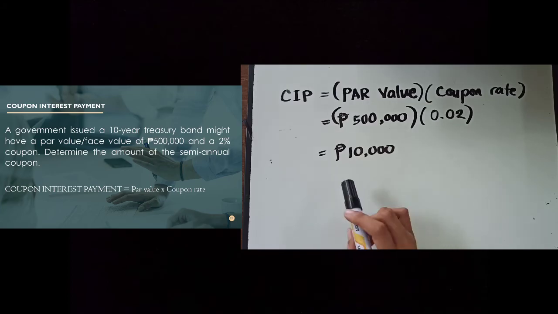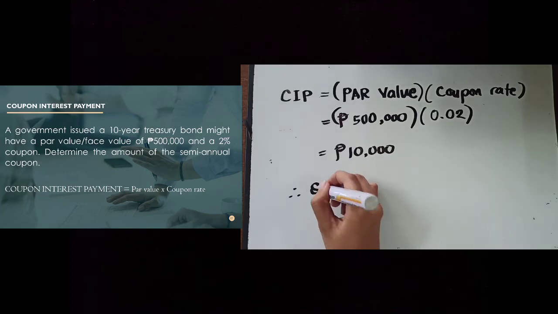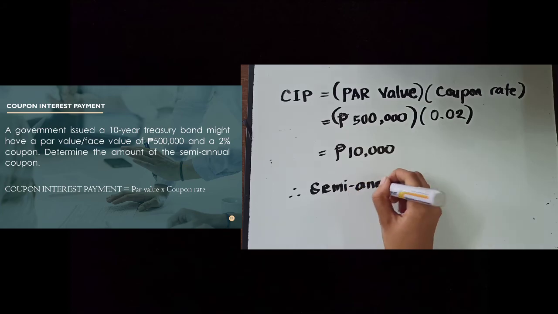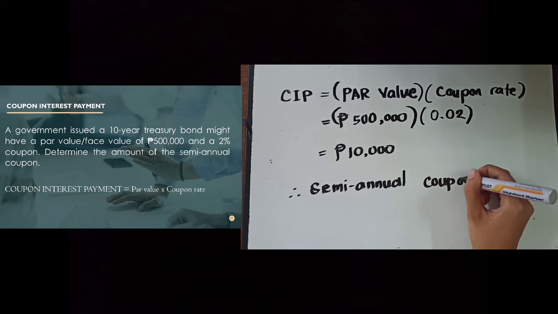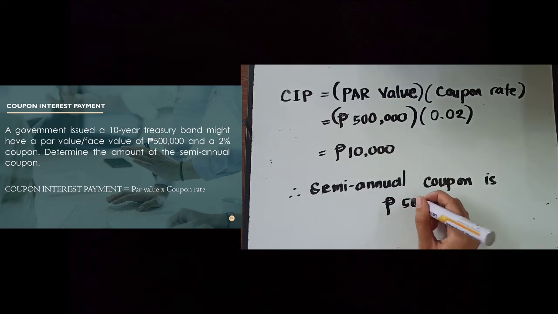So, to get the semi-annual coupon, you're just going to divide it by 2, and therefore, the semi-annual coupon is 5,000 pesos.